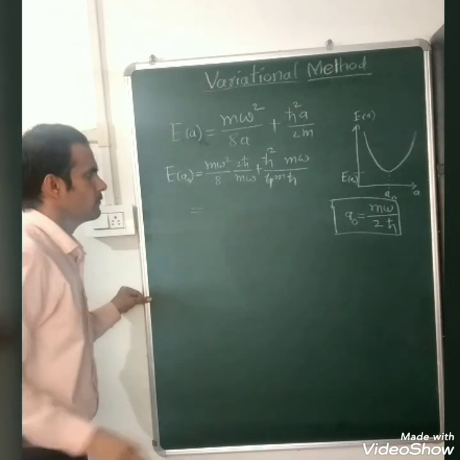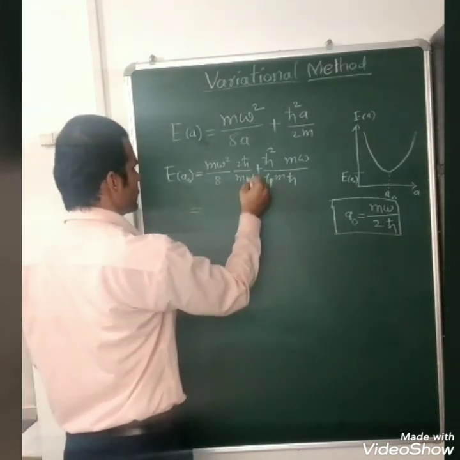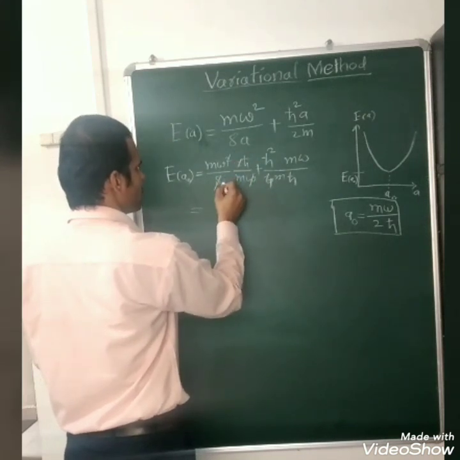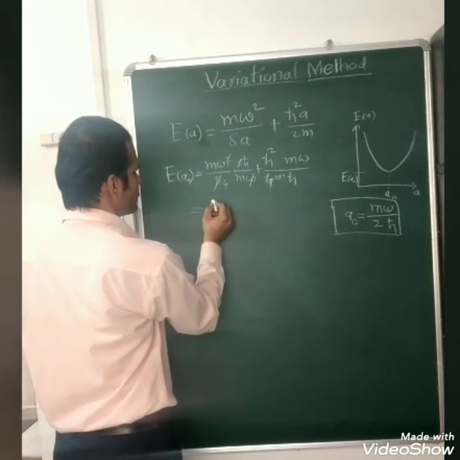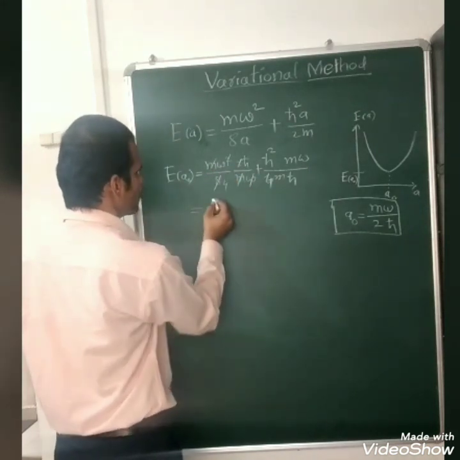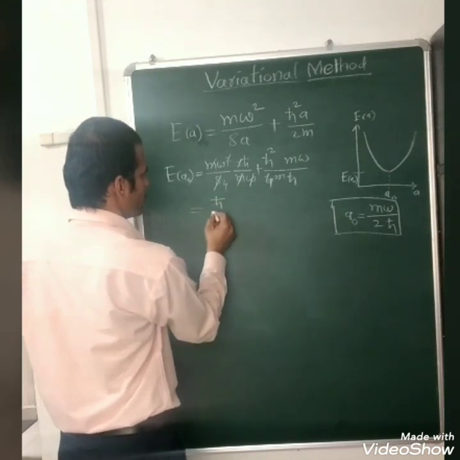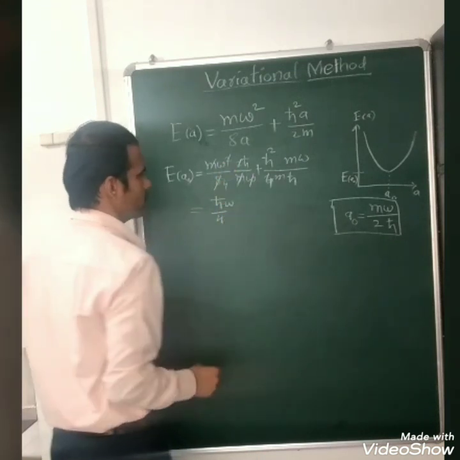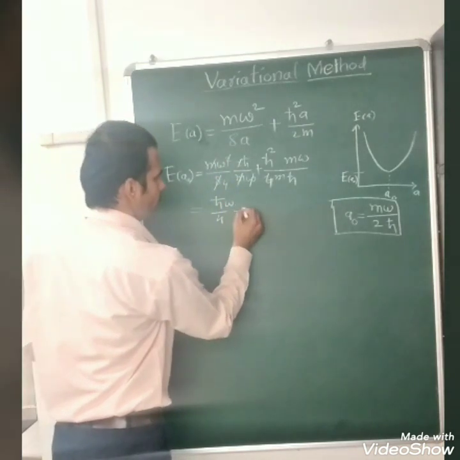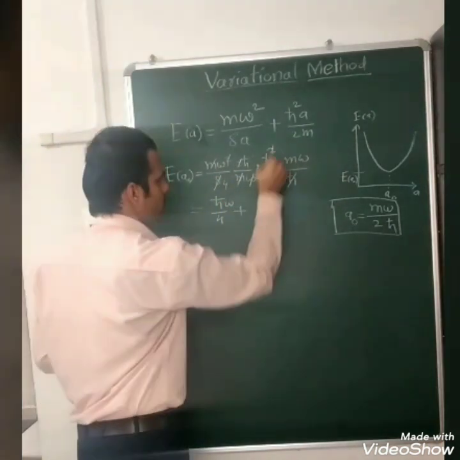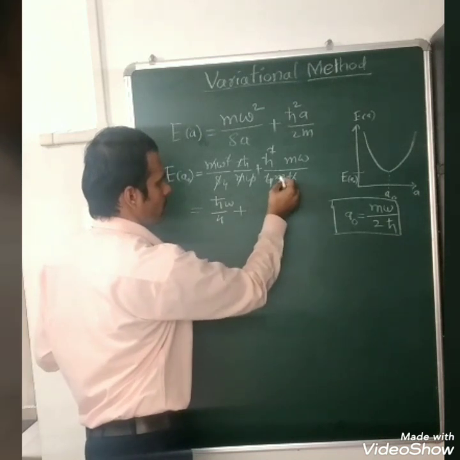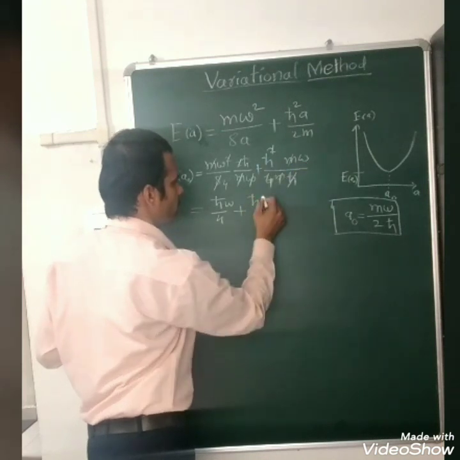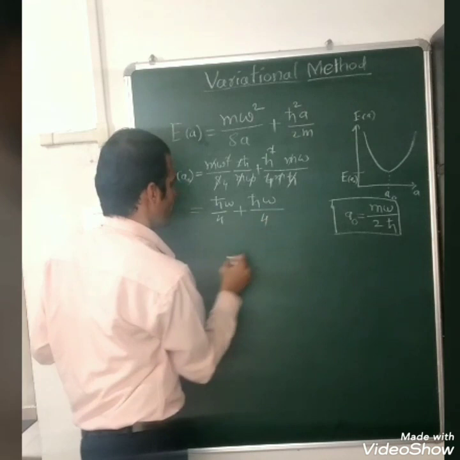If we cancel omega and the 2s, m will cancel, so we get h cross omega by 4, and plus here also h square, m will cancel, so the remaining term is h cross omega by 4.